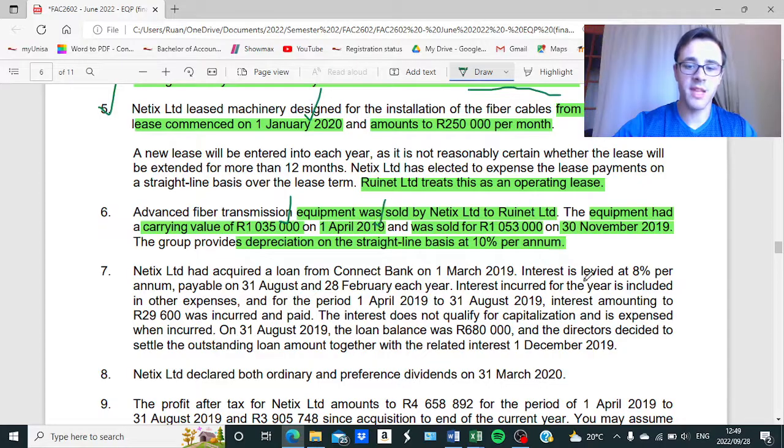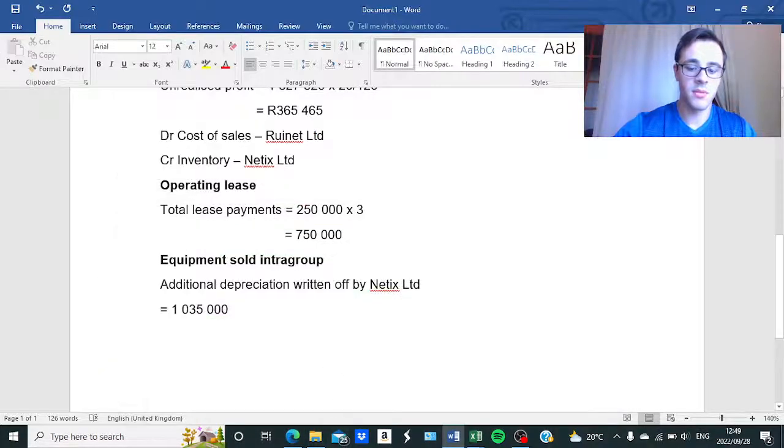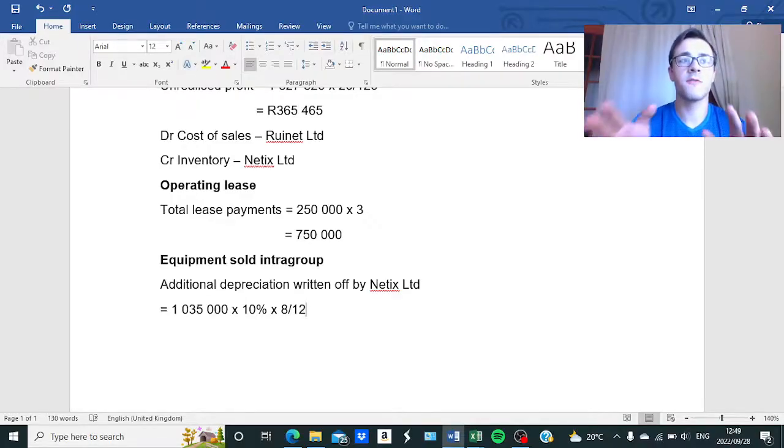We will multiply that by the depreciation rate, which is 10% per annum, and then we determine the number of months for which depreciation must be written off. If you calculate the number of months from the 1st of April 2019 up until the 30th of November, it will give you a total of 8 months.